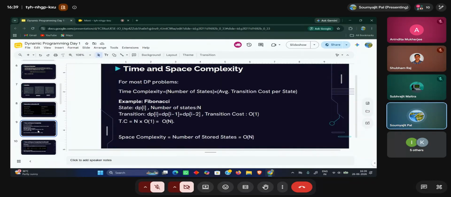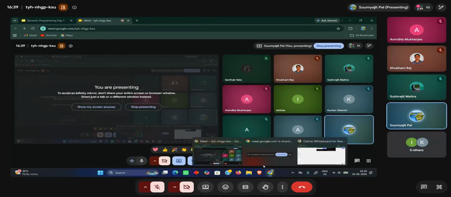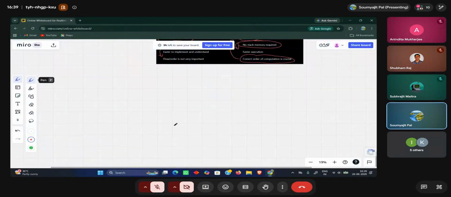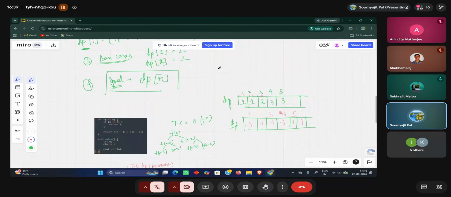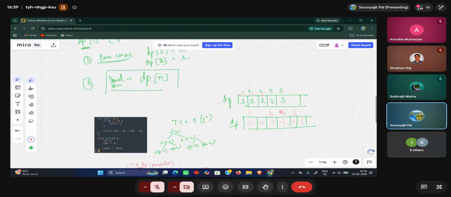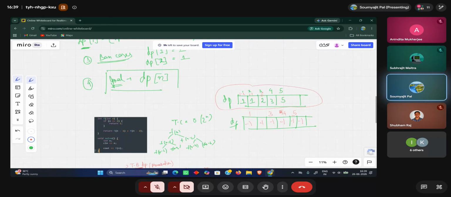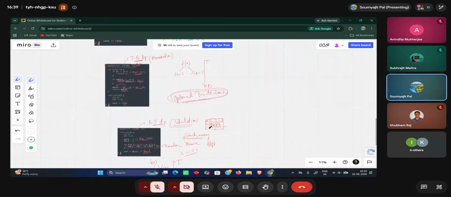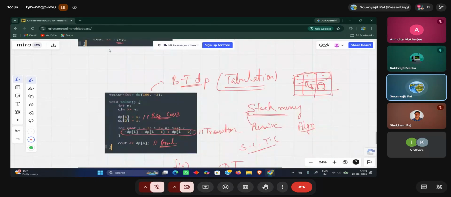Okay, time and space complexity. First, space complexity. Here I am already storing an auxiliary DP array, nothing much, a global DP array here and here also.